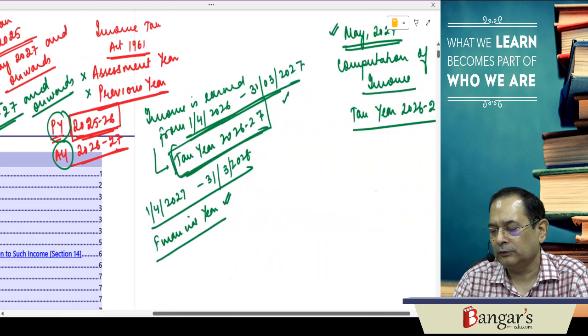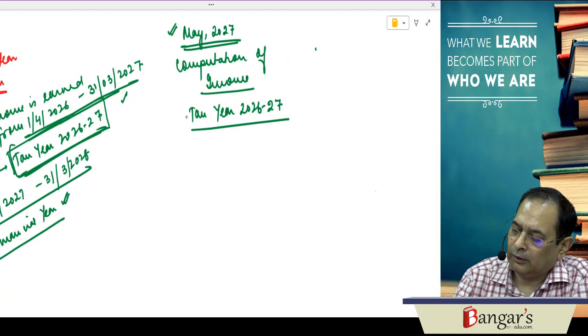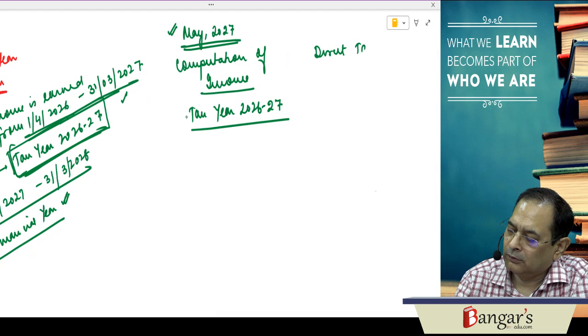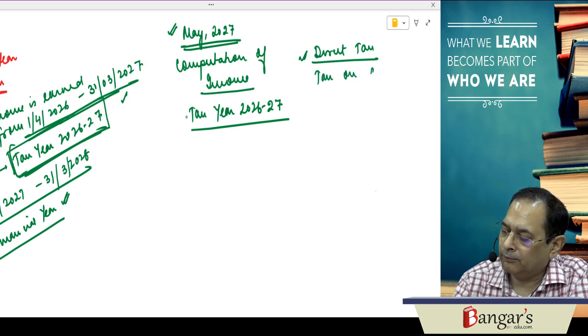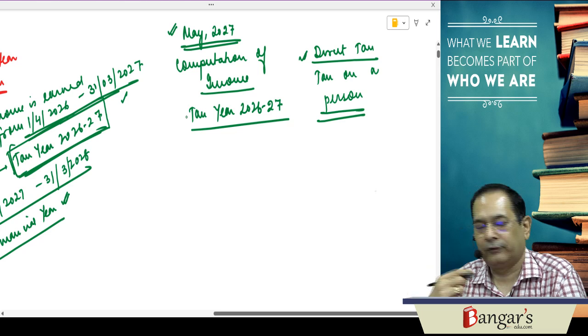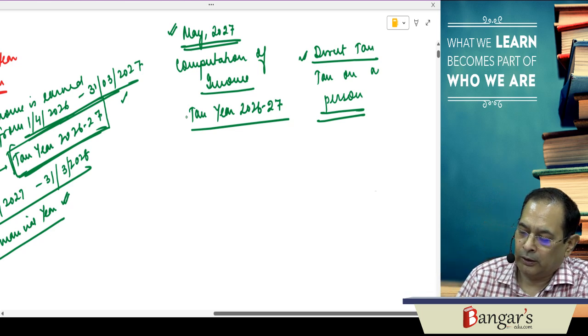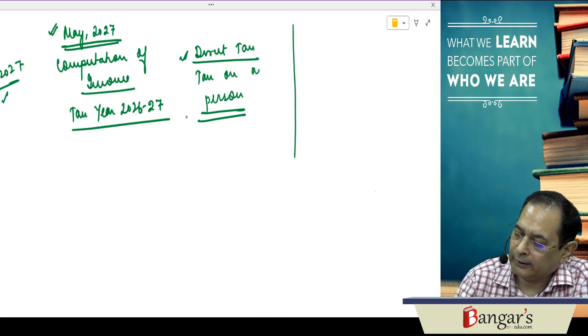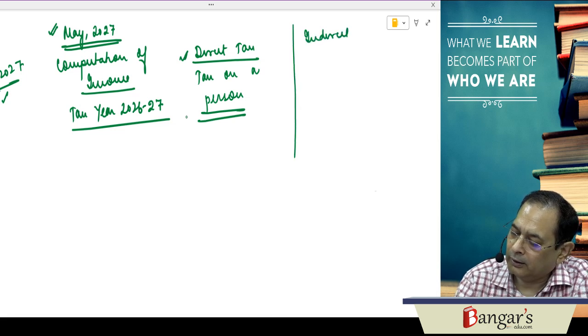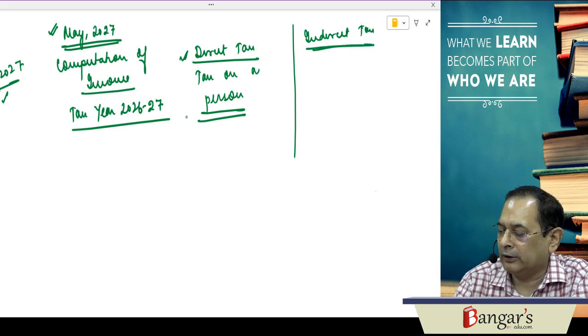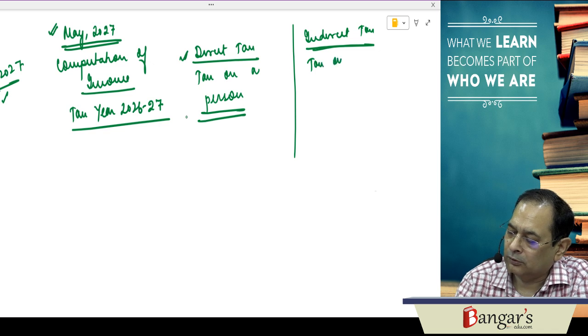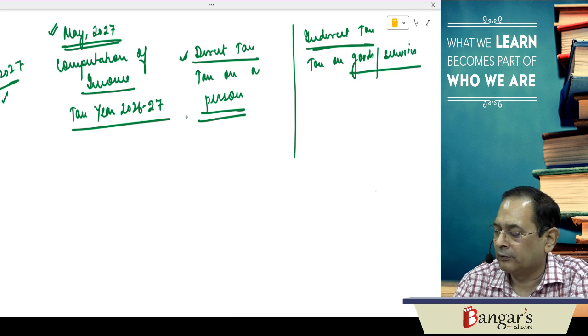Okay. Say direct tax. Basically, it is a tax on a person. Say, if I am earning income, I would be required to pay tax on the same. Whereas indirect tax is basically a tax on goods or services.